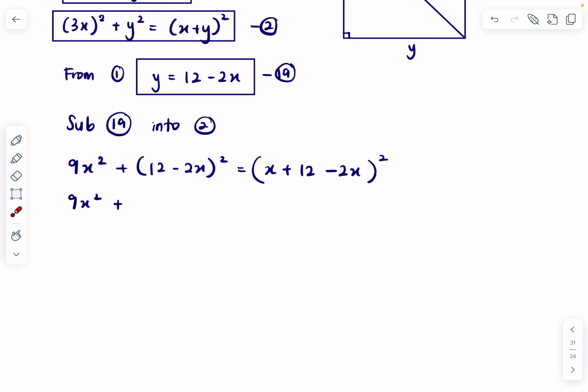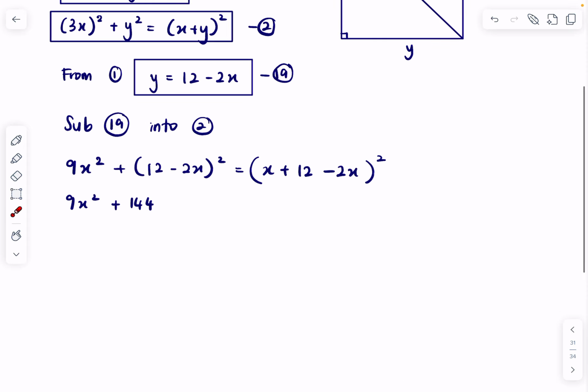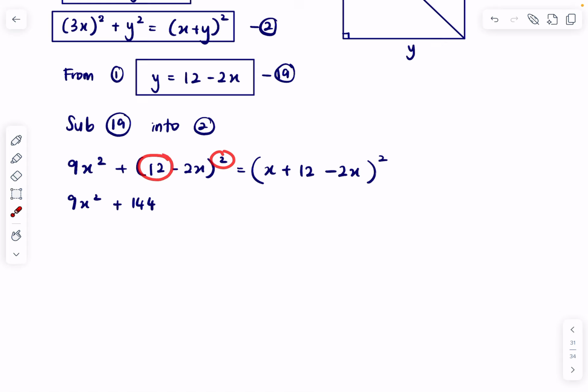Okay, we can expand this bracket. So 12 square is 144. 2 times 12 is 24, times negative 2 is negative 48x. Negative 2x square will be positive 4x square.